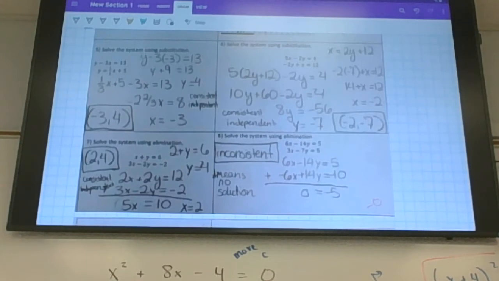You guys ready for the back? No. -6 plus or minus y squared. 5 times 5 is 5.